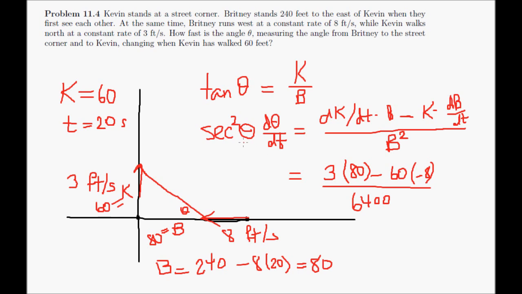And on the left-hand side, secant squared of theta. So secant is 1 over cosine. The cosine here, if this side's 60 and that's 80, then the hypotenuse is 100. So the cosine of theta would be 8 over 10, 4 over 5. So secant squared would be 25 over 16.